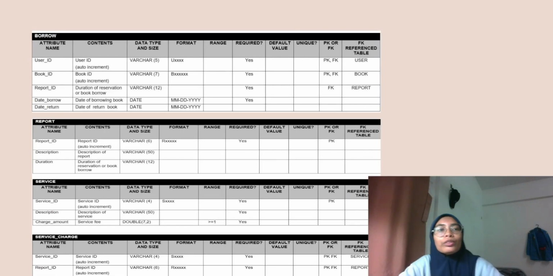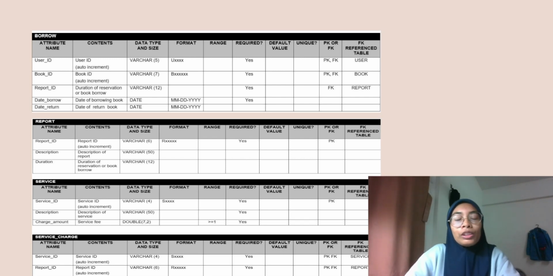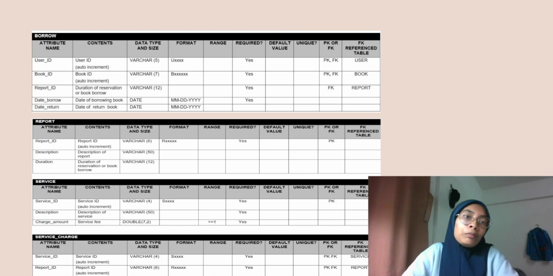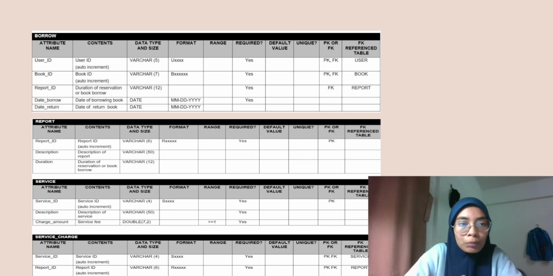Now, this is the borrow table. If we want to borrow a book from the library, it is important to have the user ID, book ID, and report ID, which are FK references from the user, book, and report tables. We have this to know when the user borrows the book and when the user has to return the book.